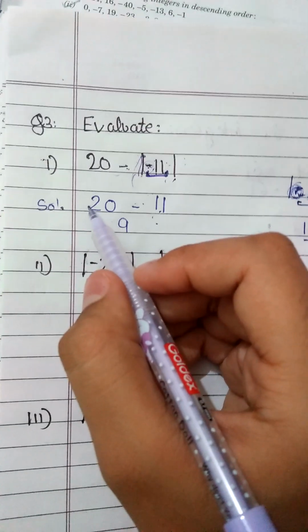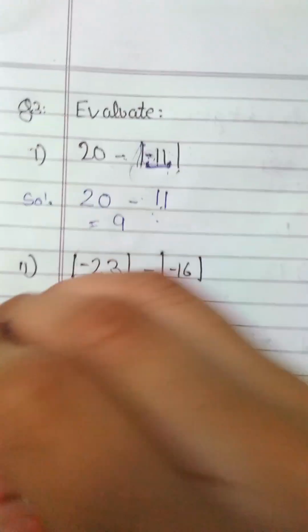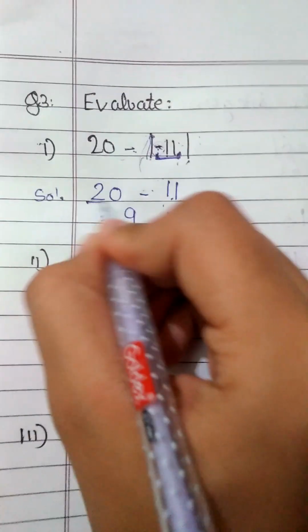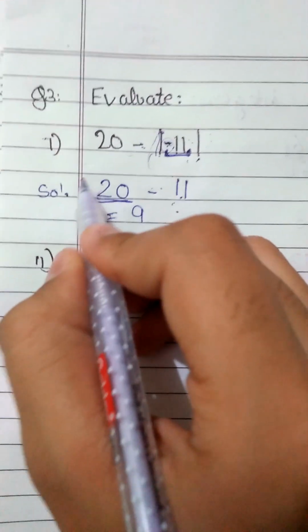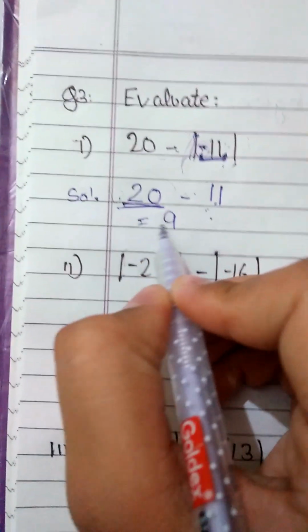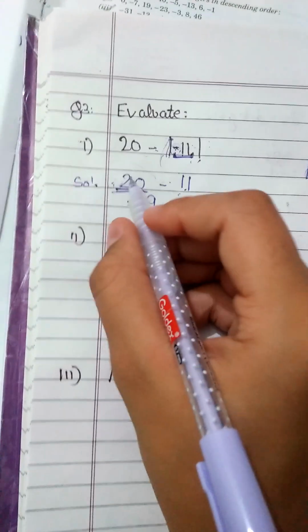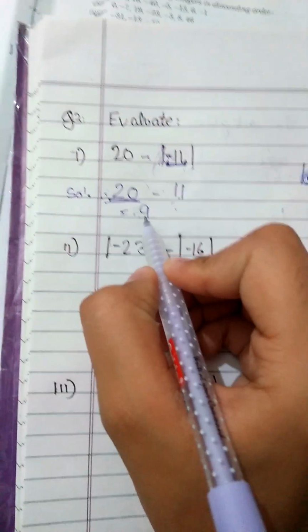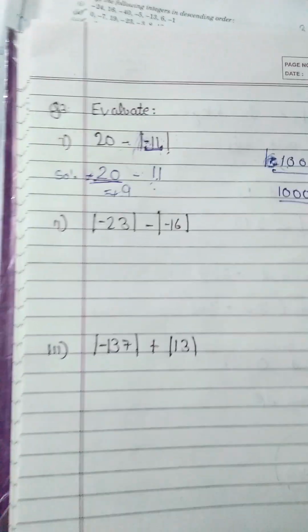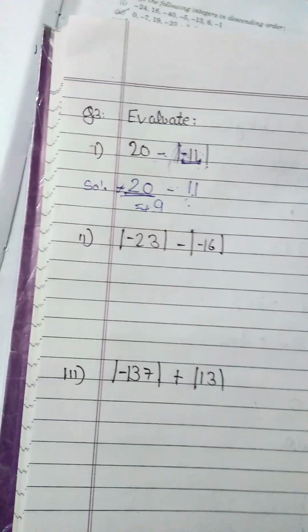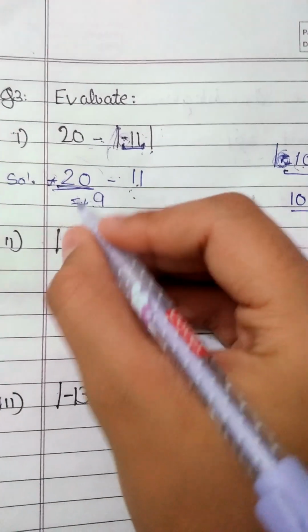We didn't denote any sign of positive or negative, because we know that the mark of the greater integer will be given to the answer, and it is positive. Usually we don't denote the positive mark, that is why I am writing nothing before it.